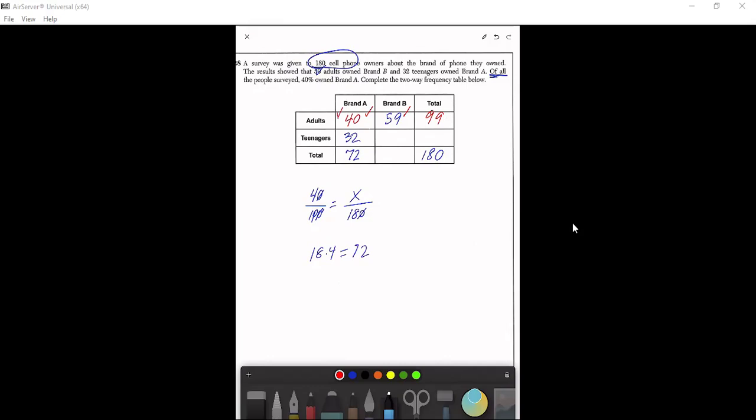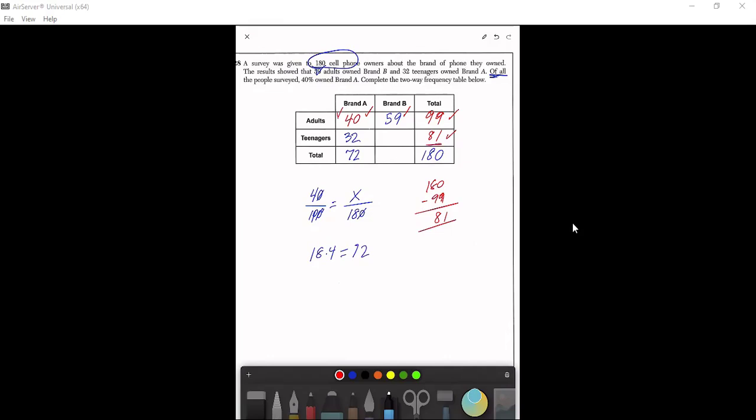And that means also, what else can we deduce? So that also means that we have 81 teenagers total. Because let's see, 180 minus 99, that is 1... that would be 8. There you go. So we have 81 teenagers in the survey. There were 99 adults, and they total up to 180.